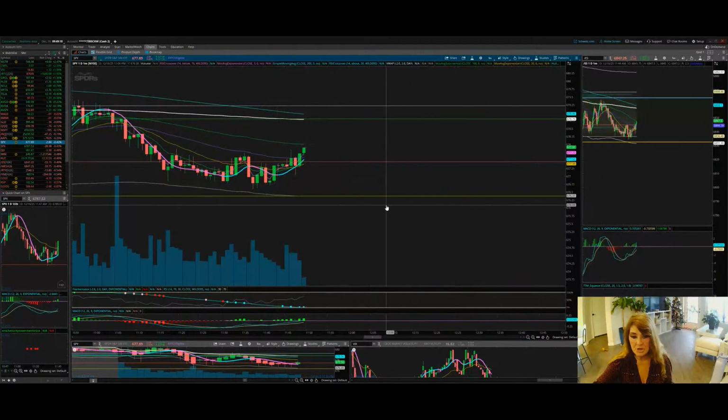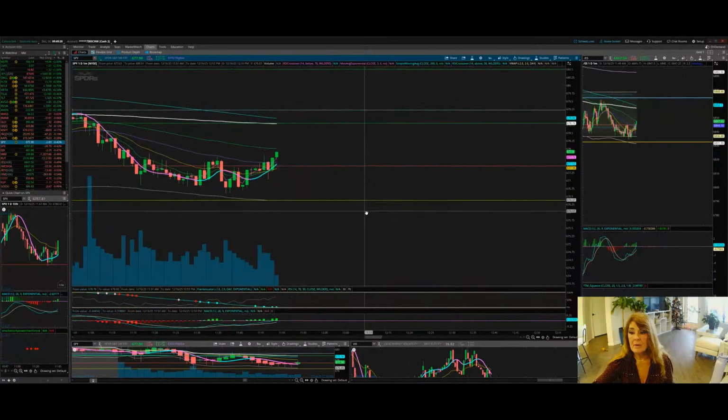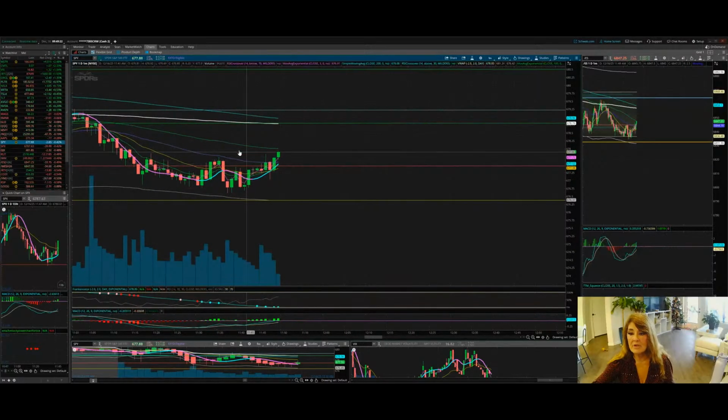All right, nice push here. Right up over this area of interest, broke through this little temporary high right here, up over the 50. Strong movement at this point. We could consider a call here.